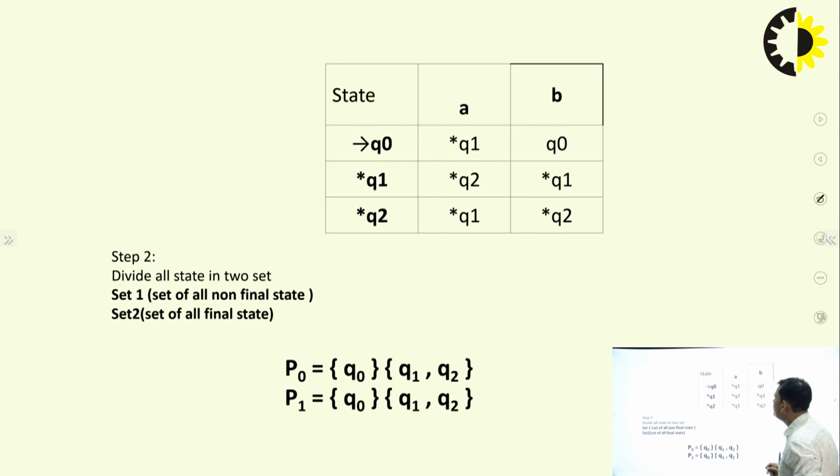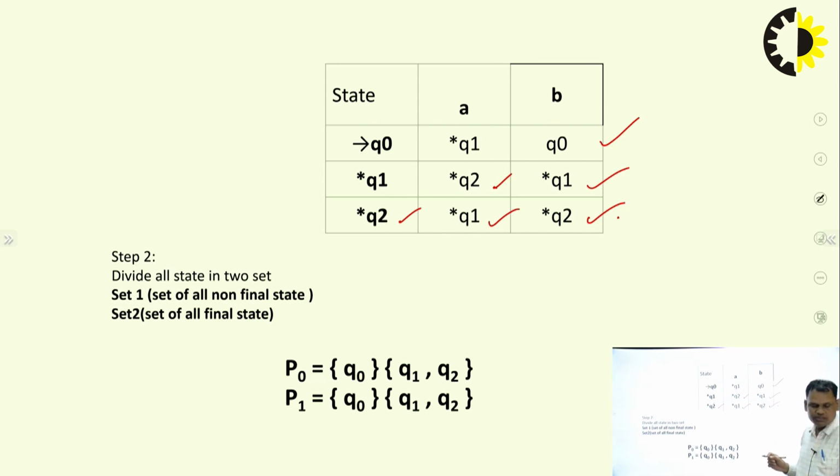Next transition table: Q0 as input A goes to Q1, and Q0 as input B goes to Q0. Q1 as input A goes to Q2, Q1 as input B goes to Q1, Q2 as input A goes to Q1, and Q2 as input B goes to Q2.